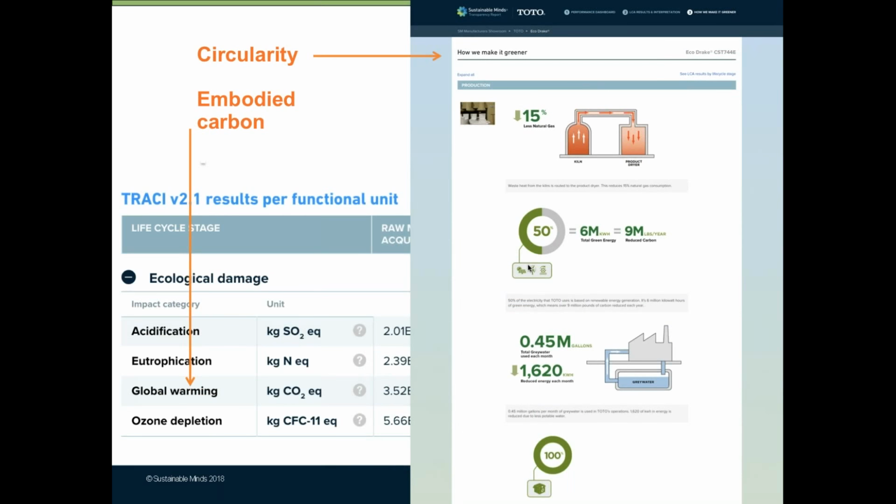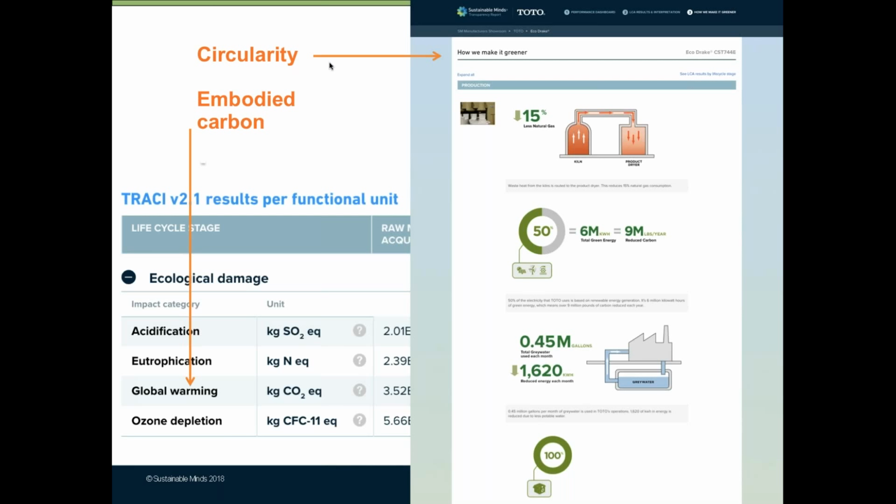Now, I mentioned in the invite, there are new terms like circularity and embodied carbon that are really getting people excited about environmental reporting. But it's important that people understand these are not new ideas, and the information is available and can be made available through well-designed and considered EPDs.